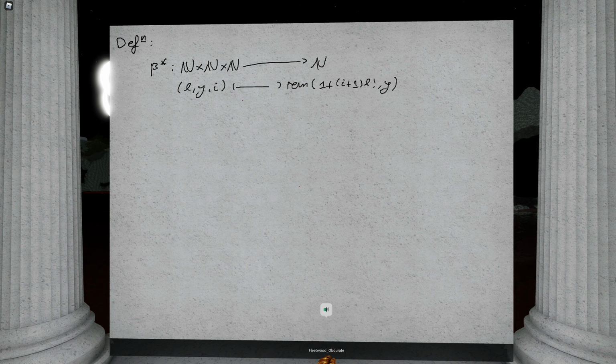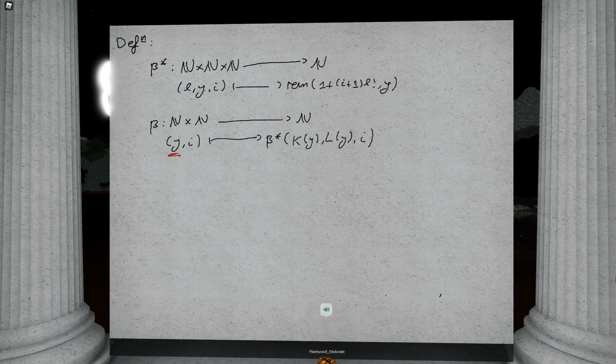And the point is this is general recursive, or an element of phi, rather, from the start of the lecture. And then beta is going to be the map which sends y, i to beta star of k(y), l(y), i.